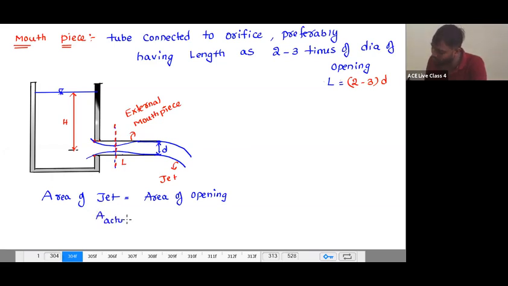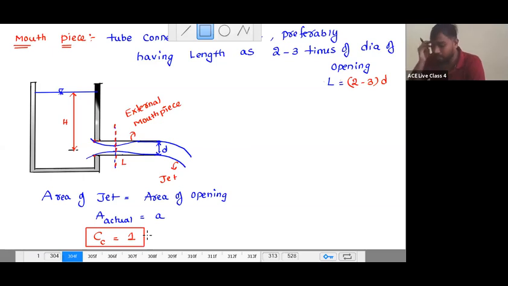So the actual area equals the area of the opening, small a, and what is the Cc value? Cc is equal to 1. In the case of mouthpieces, keep that in your mind: Cc equals 1. This is the biggest difference.